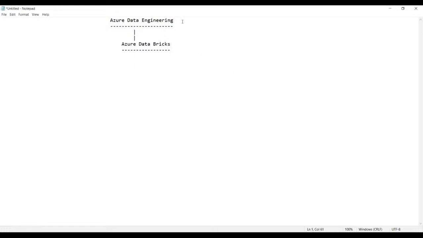See, what is Azure data engineering? Azure is nothing but a name for the cloud services given by Microsoft. That means Microsoft is marketing their cloud products or cloud services with a name called Azure. Data means information. For the engineering services on data, they are using Azure Databricks.